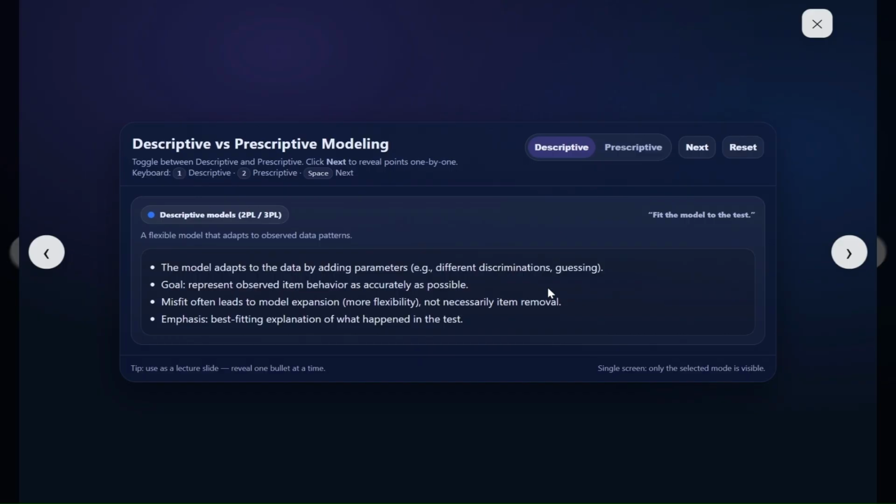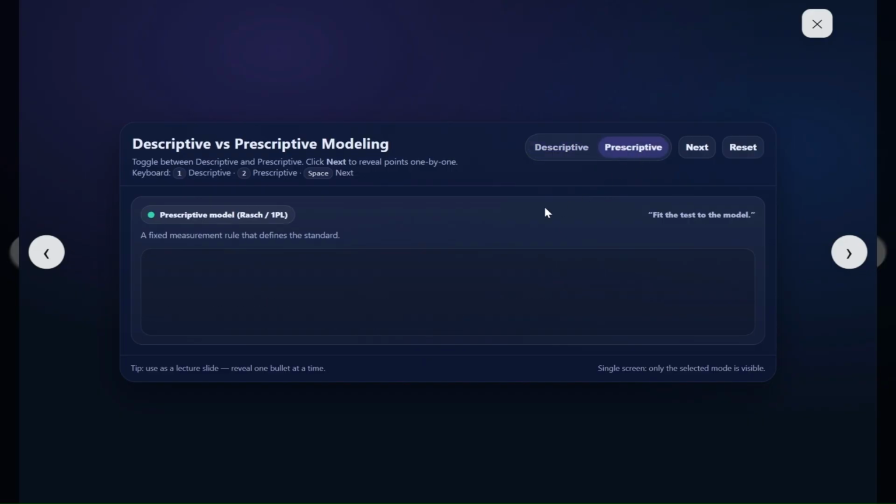It's not like the Rasch model, which only differs by difficulty. They differ by discrimination, they differ by guessing, they have a lot of differences. So you cannot generalize the results beyond the model, or if you do, you do it with great difficulty. This is unlike the Rasch model, which is prescriptive.